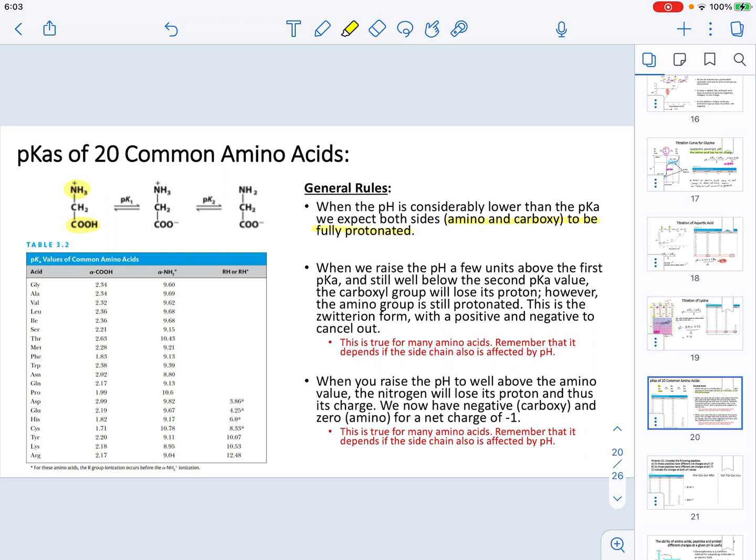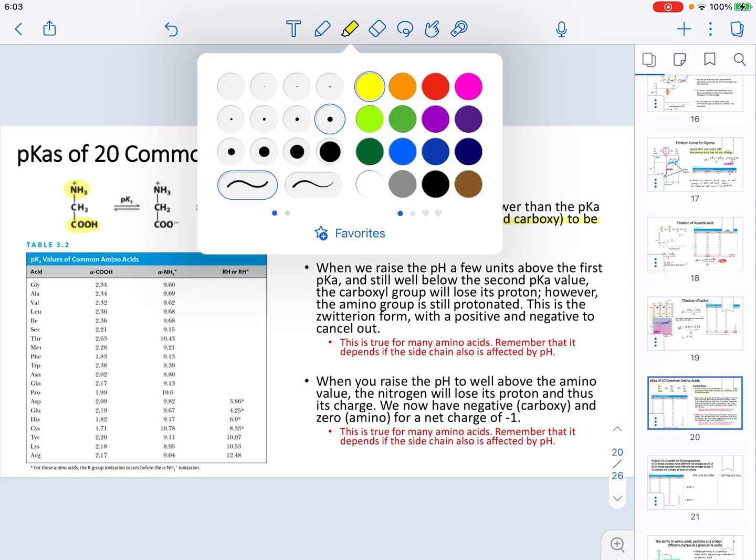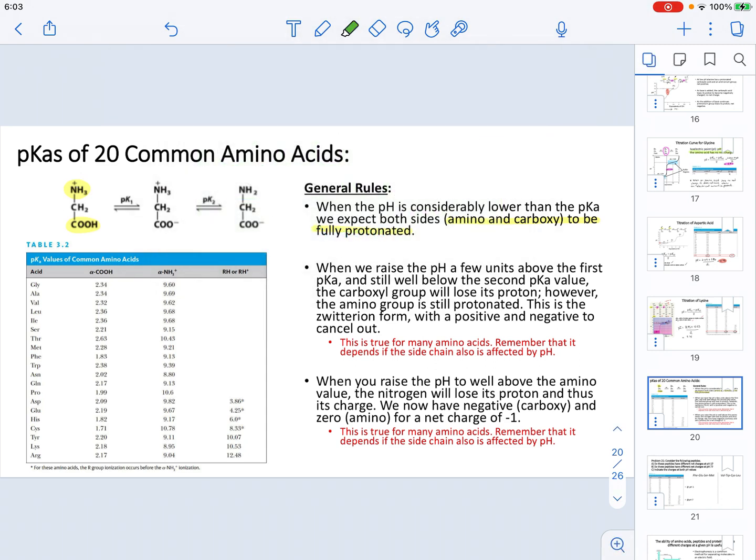Now, when we raise the pH a few units above the first pKa, okay, understand that as long as we're still way below the second pKa, then what is going to happen overall is that the carboxyl group is going to lose its proton. And as you can see, we can see it illustrated right here.